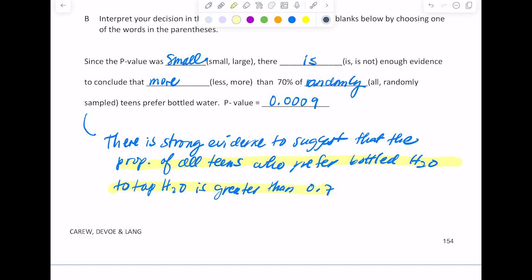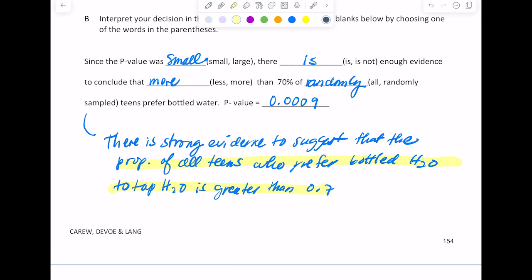So we always write our conclusion in terms of the alternative. We're basing our rejection on our p-value, which is related to our p-hat. The p-value will tell you whether you're going to reject or not reject the null.